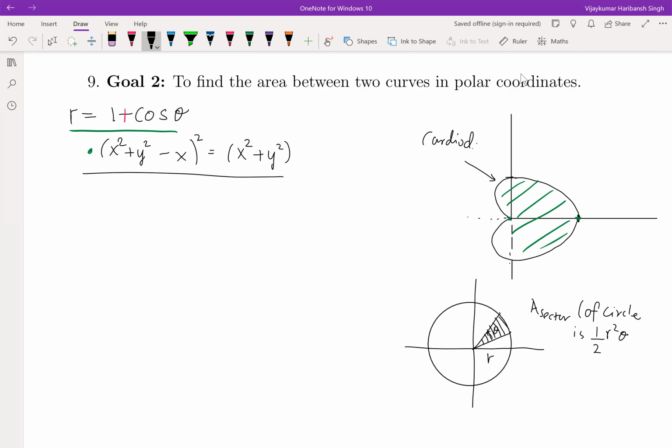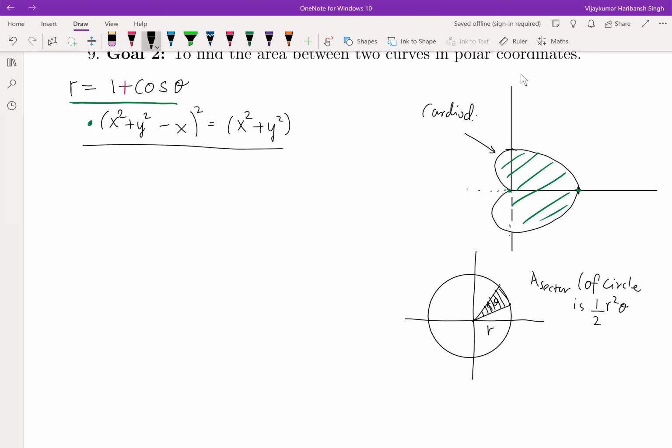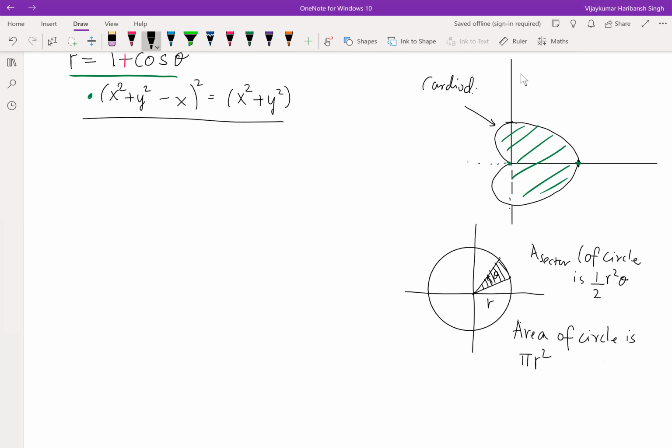So essentially, one can think about it in the following way. The area of a circle is πr² if the radius is r. And if we want θ radians, we want the θ slice, so we want θ radians out of 2π total radians.